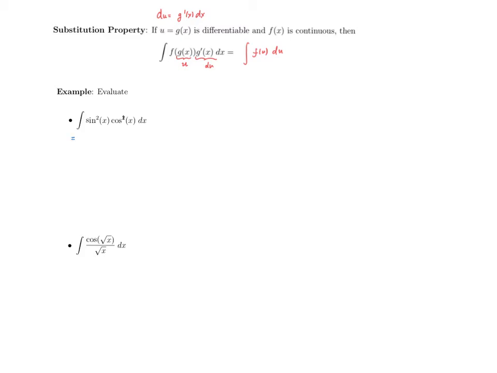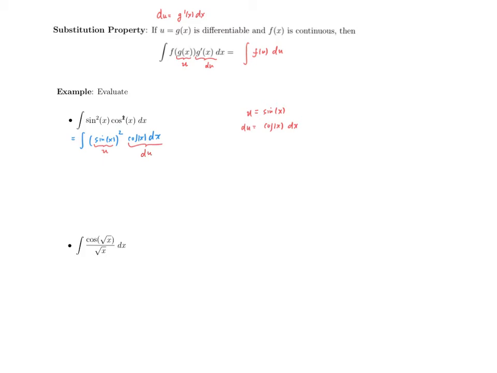And I'm going to actually just rewrite this algebraically to make sure we all see that. Sine squared is really the function sine being squared. And now it's more clear that sine is inside another function. If we let u be equal to sine of x, du is cosine x dx.